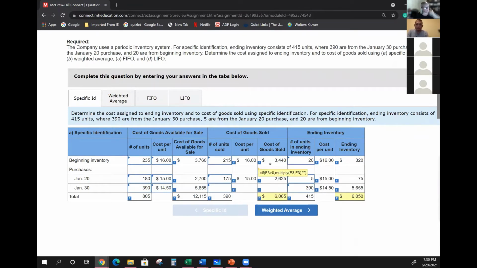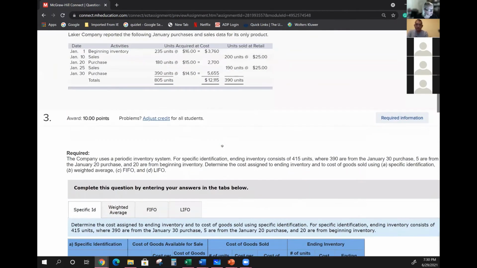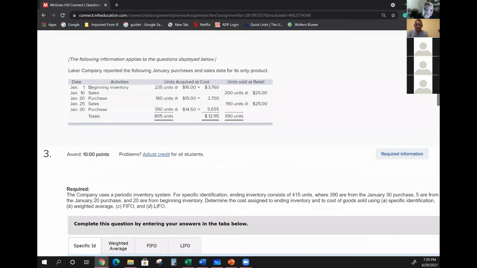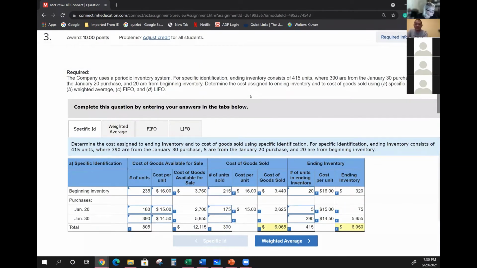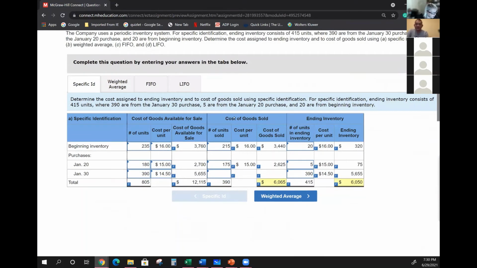Okay, so now when I'm looking at what was sold, I'm going up to the top to see, okay, what did I sell? I sold 200 units. Let me see, where's my sale? Oh, it's not looking for sale. It just wants available.